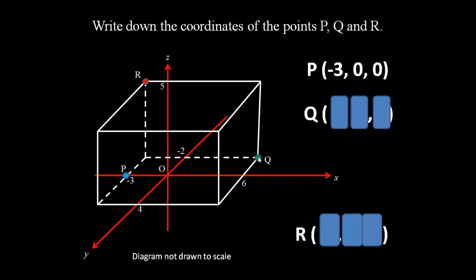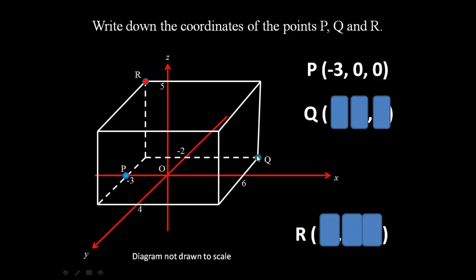The point Q, can you tell which plane the point Q is in? Well, it's in the xy plane, this plane here. It's on the other side over here. So from the origin, we'll be going 6 in the positive direction of the x-axis, and 2 units in the negative direction of the y-axis, parallel to the y-axis.